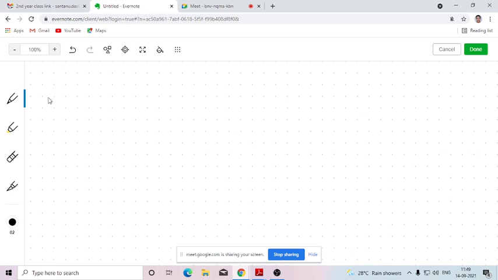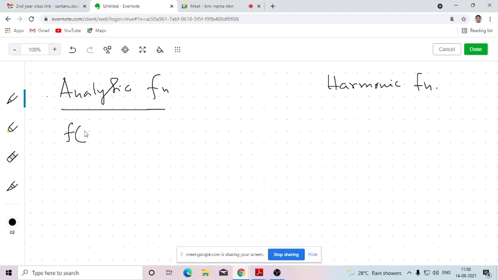Now, what is the relationship between an analytic function and a harmonic function? Already I have told that an analytic function is applicable for a function of a complex variable, and a harmonic function is applicable for functions of two real variables. So what is the relationship between these two?